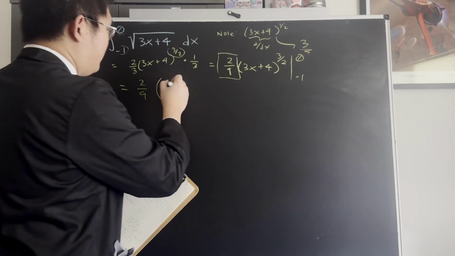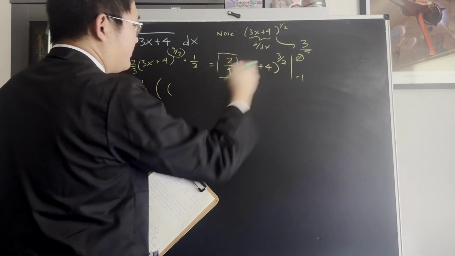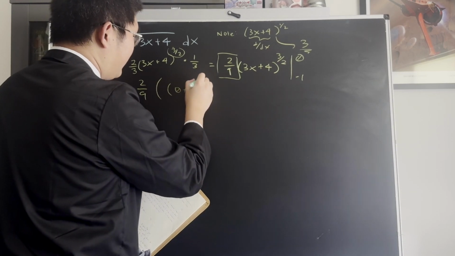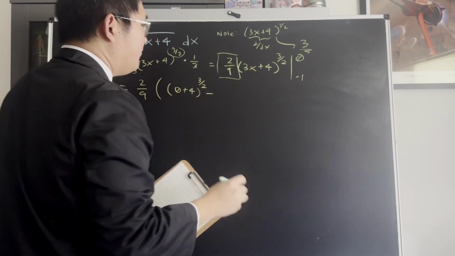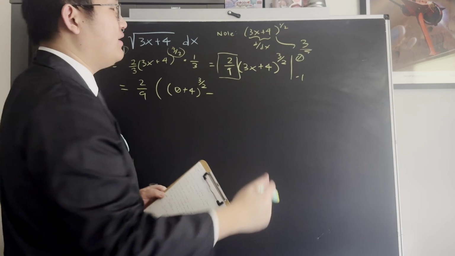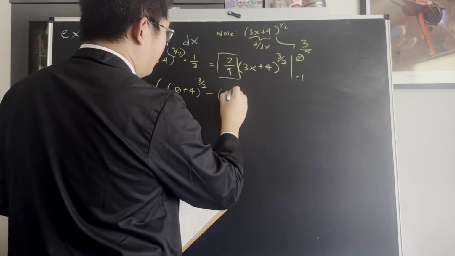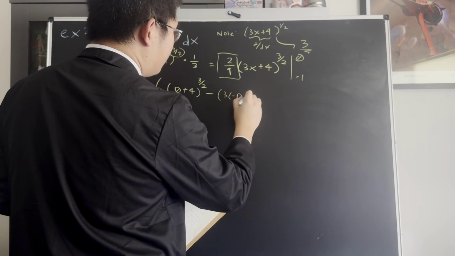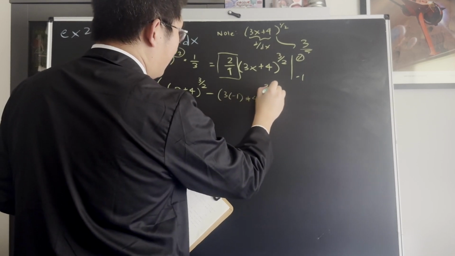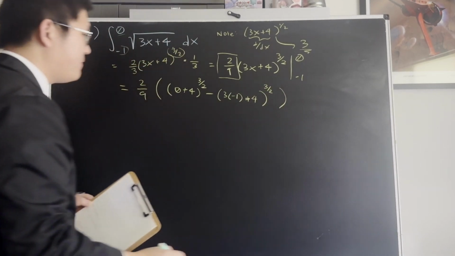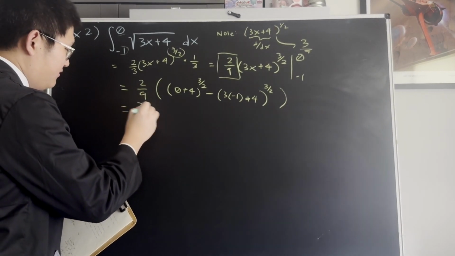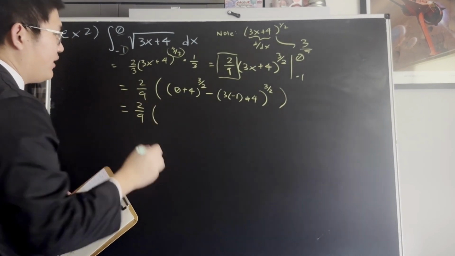So 3x plus 4, let's evaluate the top limit first. It's going to be 0 plus 4 raised to the 3/2 power. Then we subtract the lower limit, which is going to be 3 times -1 plus 4, still raised to the 3/2 power. The 2/9 will wait there.